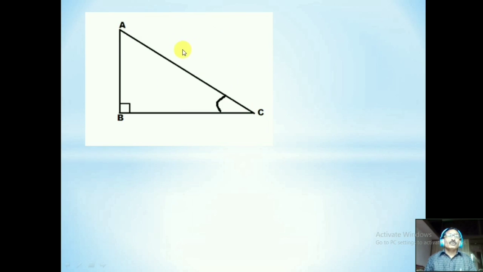Now we see triangle ABC is a right angled triangle. Side AC is called hypotenuse. In case of angle C, AB is the opposite side and side BC is called the adjacent side.